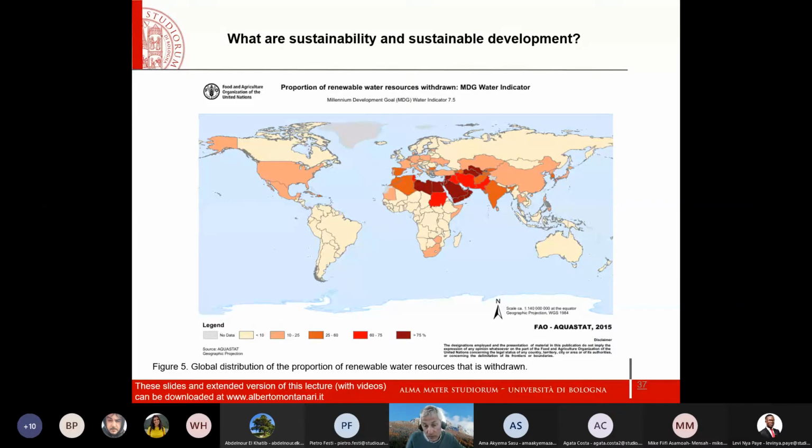And where you see that the color is lighter, it doesn't mean that therein you have opportunities for sustainable development. It means simply that they are not taking much of their available water resources. If you look at Africa, the reason is that they don't have the means to take it in some cases. In other cases, like in the north regions, they don't have the means to use this water.